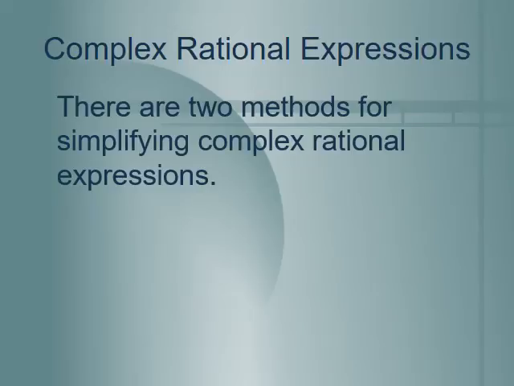So like I said, there are two ways of simplifying complex rational expressions. One way is to multiply by the reciprocal. The other way is to multiply the numerators by the common denominator.